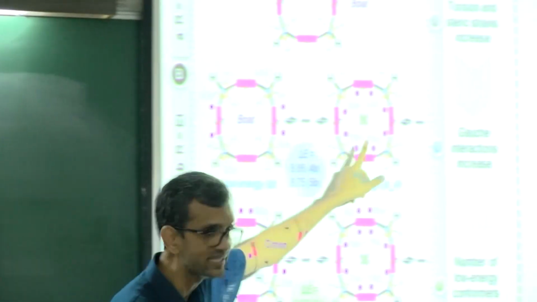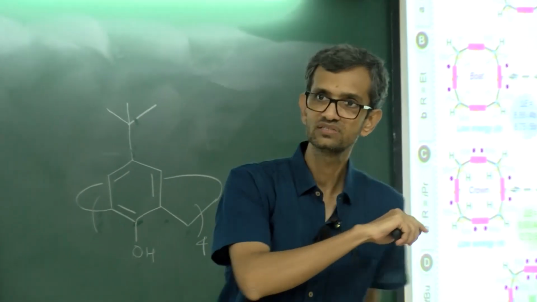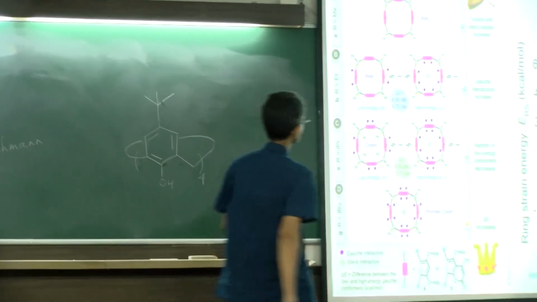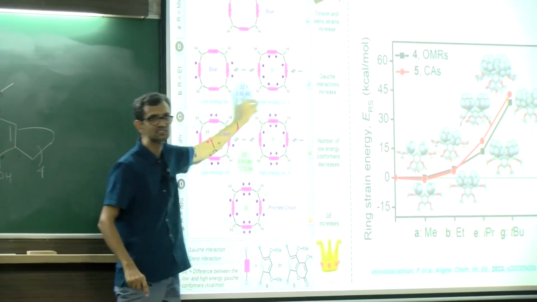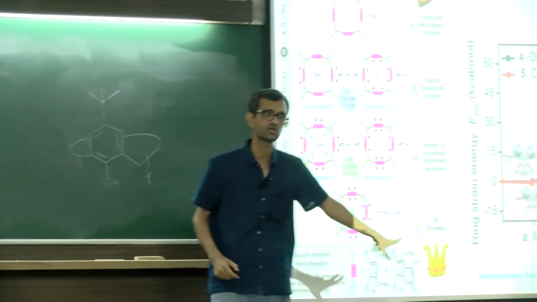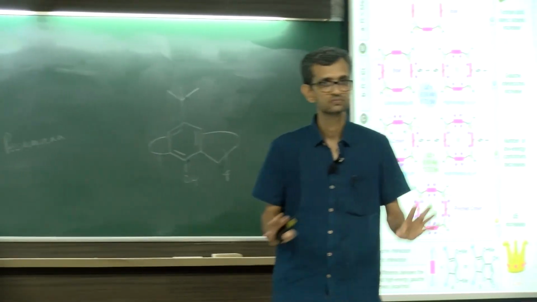So 8 versus 4. So that is a low energy conformation and this is a high energy conformation, and most likely the molecule doesn't stay here, it stays in this form, and this is the form we saw in the solid state structure also, right?